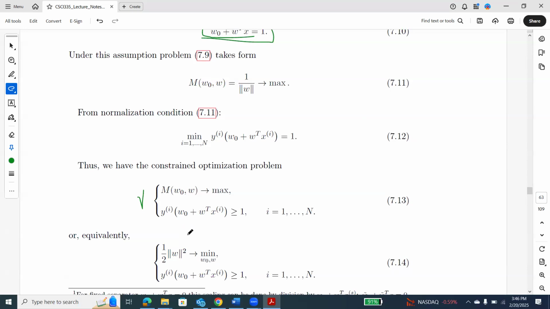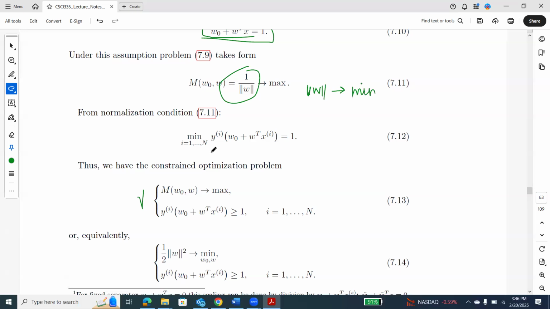Okay, so this is the mathematical formulation, and because M is 1 over W, then it's the same as minimize W. So if we want to maximize a fraction, we can minimize the denominator.